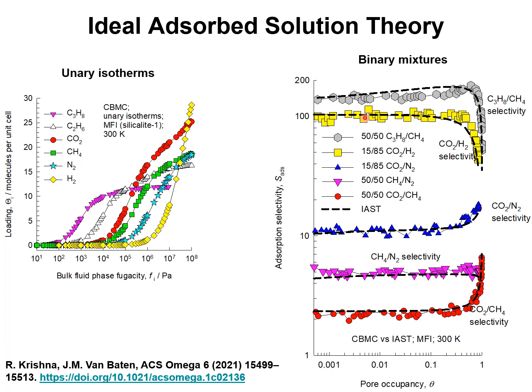Indeed, for the 5 mixtures that were considered in the foregoing slide, the molecular simulation data for adsorption selectivity for propane methane, CO2 hydrogen, CO2 nitrogen, CH4 nitrogen, CO2 methane mixtures are quantitatively described with good accuracy by the IAST model that is shown here with the dashed lines.